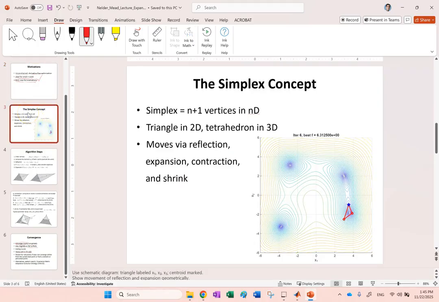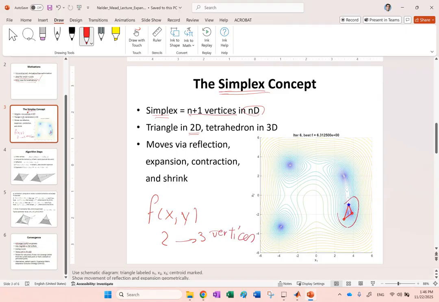So, how does this method work? The idea in this method is the notion of a simplex. And a simplex in the ND space is basically n plus 1 vertices that are connected together. For instance, if your function f is a function of x and y, so you have 2 variables here, your simplex is going to be 2 plus 1, or 3 vertices, which becomes basically what?